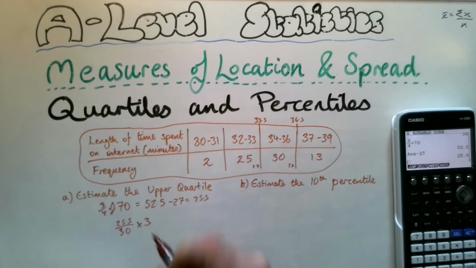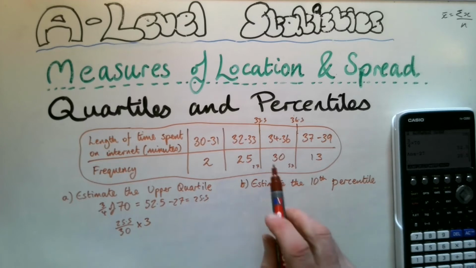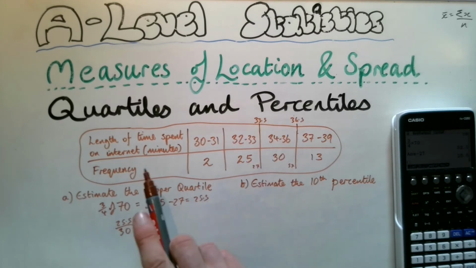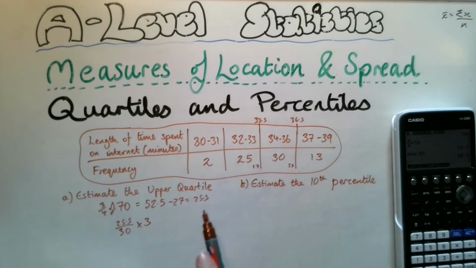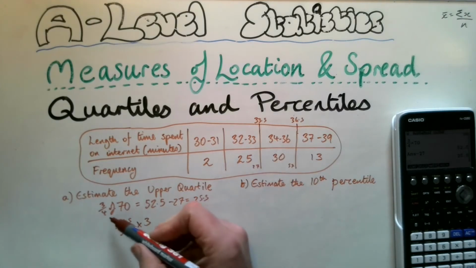So I want that far of a fraction through 3, and when I've worked that out, I want to add it to, because I want this as an estimate of time, it's going to be that much bigger than 33.5, because this is going to give me a number that's nearly 3. Add it onto 33.5 will get me through to there.